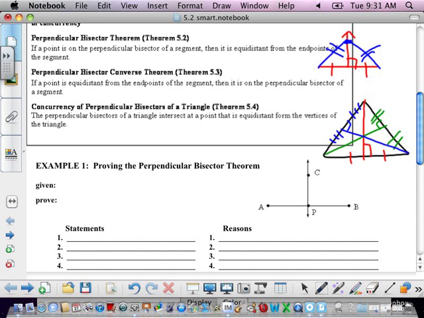This point right here in the middle, okay, the concurrency of perpendicular bisectors means that the intersection, this point where all three of those intersect, means the distance from the vertices is all the same. It means these are all the same. So the distance from the dot in the middle to the vertices are all the same.